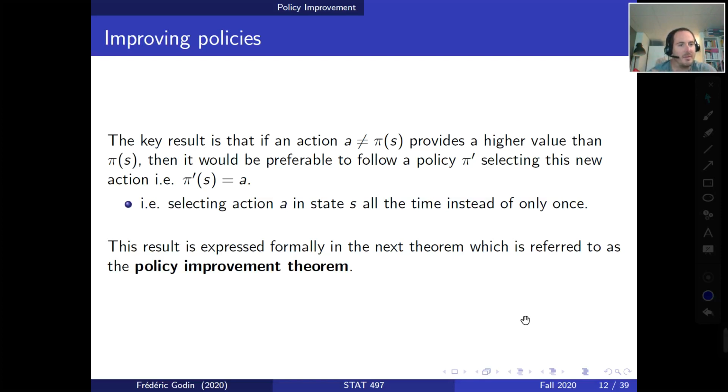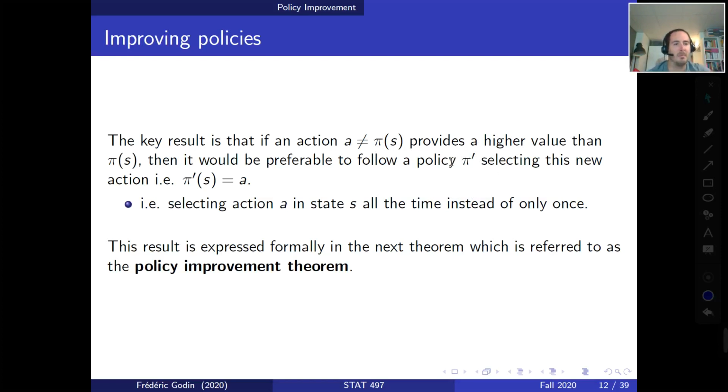As we discussed briefly in the previous slide, if we're in the state S and there exists an action A which is different than pi(S), so different than the action provided by our policy, and which has a higher value than pi(S), meaning that q_pi(S, A) is greater than or equal to q_pi(S, pi(S)), then it would be preferable to follow a new policy, which we are going to call pi prime, which does select this new action.